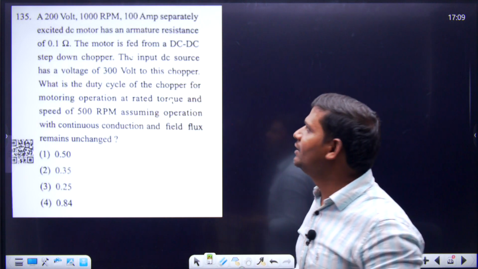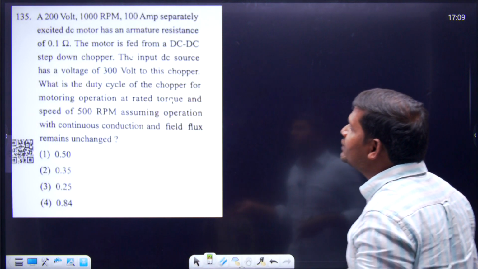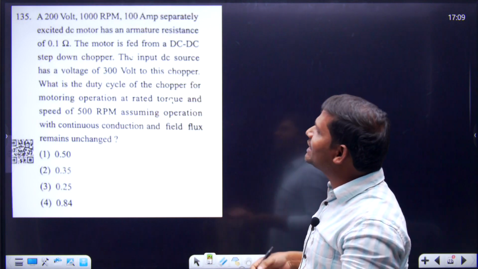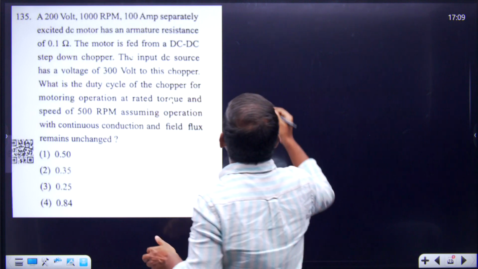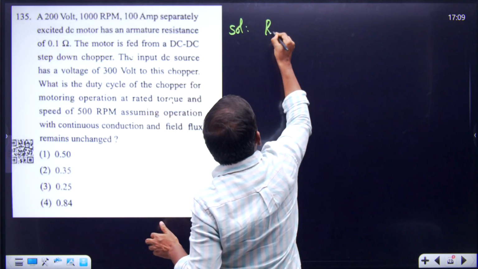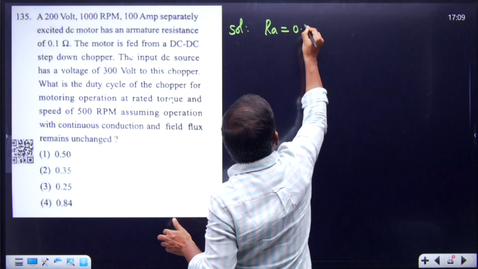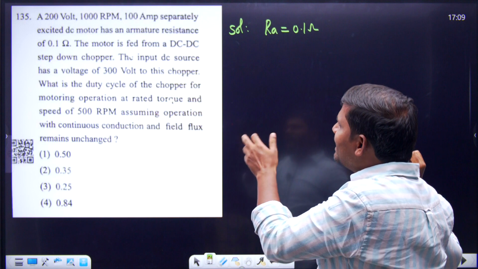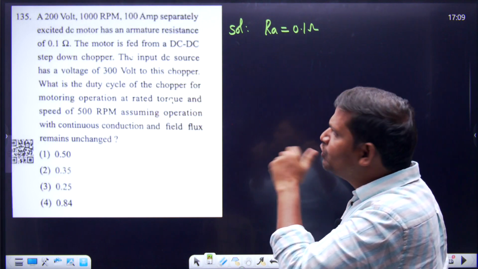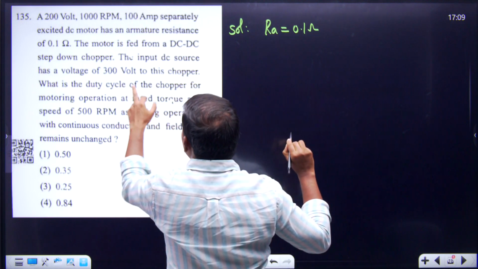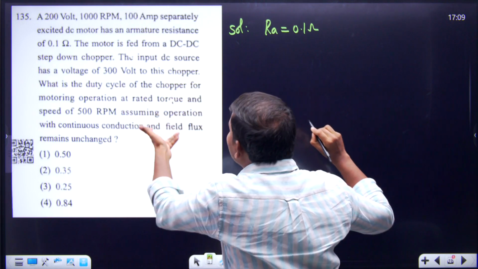The remaining are easy, students. A 200 volts, 1000 RPM, 100 ampere separately excited DC motor has an armature resistance of 0.1 ohm. See what the solution for this problem is, students. The armature resistance is 0.1 ohm. The motor is fed from a DC to DC step down chopper. The input DC source voltage is 300 volts.